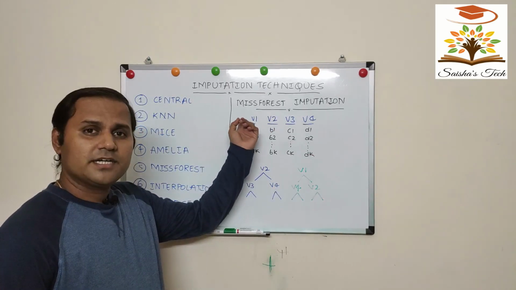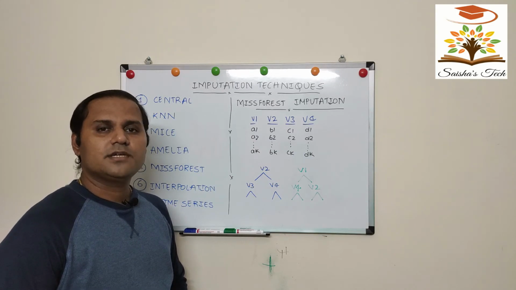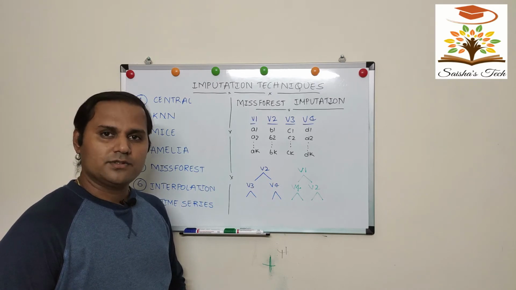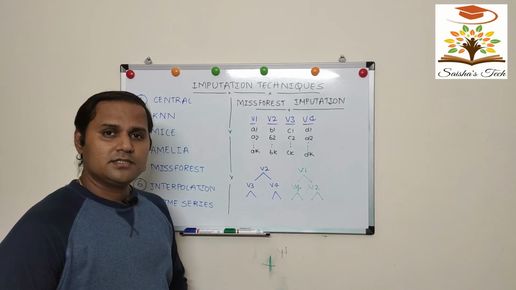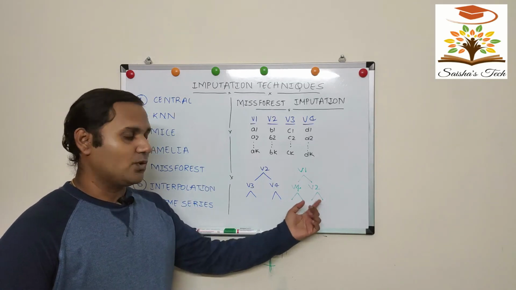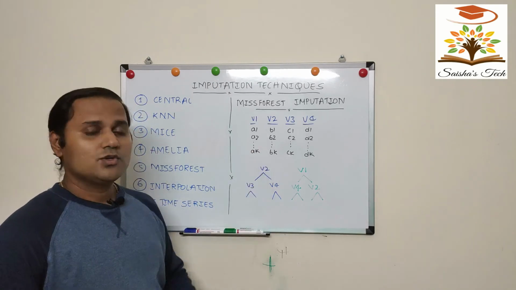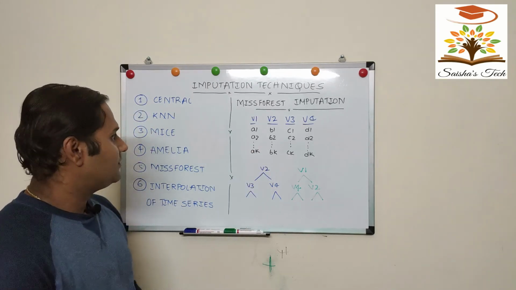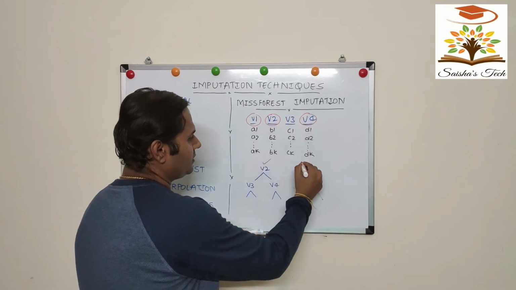The next imputation technique is MissForest imputation. MissForest imputation is a model-based imputation technique where it uses random forest for imputing the values. The key parameter in MissForest imputation is how many trees we should grow for imputing the values and which are the variables to be selected for imputation, and how many trees to grow.